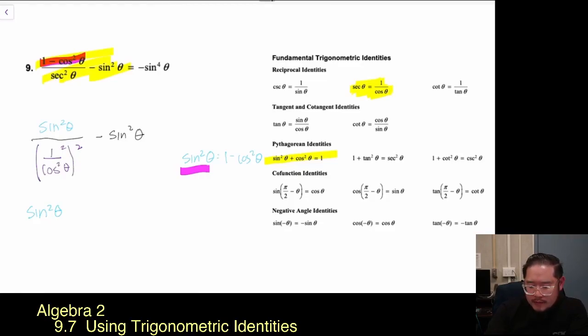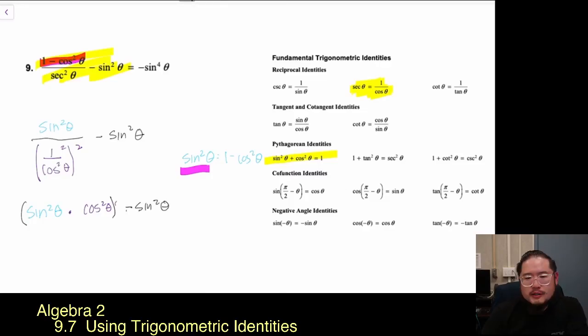So if I multiply by the reciprocal because we're dividing, this will now turn into cosine squared theta over 1, which we don't need to write. That's not necessary. So we have this together, and then we have the minus sine squared theta.